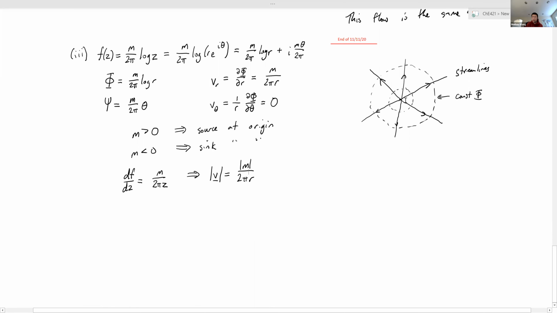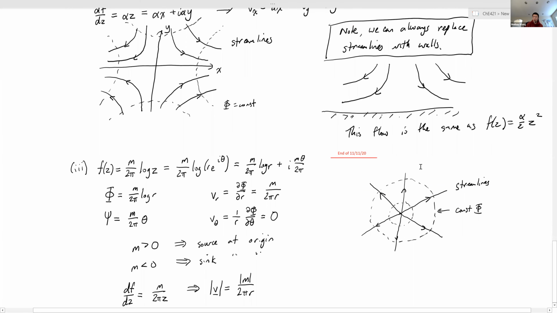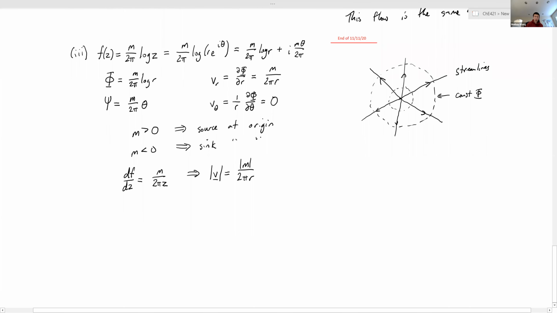Okay. As we mentioned up here, you can always replace streamlines with walls, and so in real life, maybe you could imagine if it's a 2D flow, there's some sort of source or sink at the origin, like you have a fluid going in from the other dimension that you don't care about, like it's dropping onto a plate. But you could also think about this in terms of entrance and exit flow, right? So I'll just say this also applies to something that looks like this.